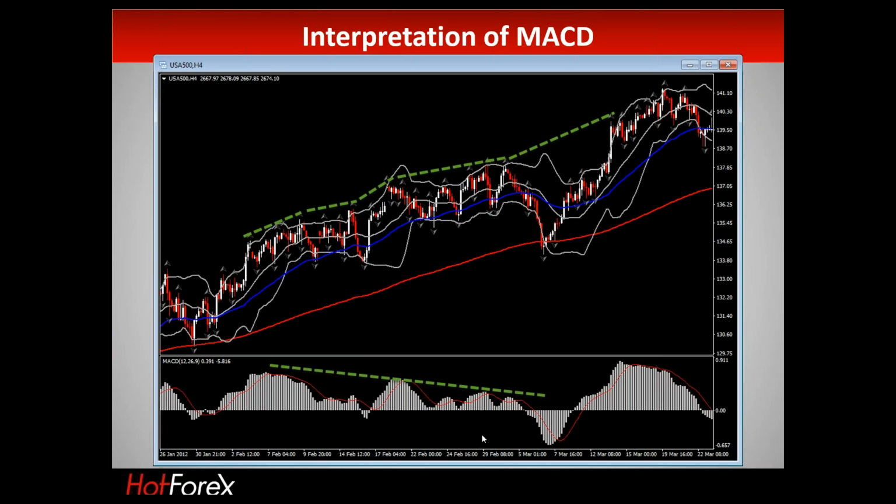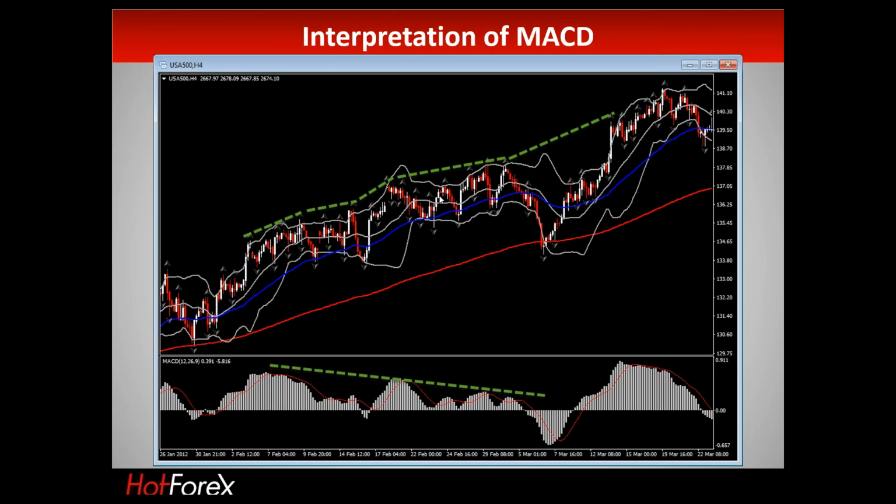We have seen the S&P 500 having 4 or 5 times bearish divergence during 2012, between February and March, with the MACD making lower highs, but the price was making higher highs.